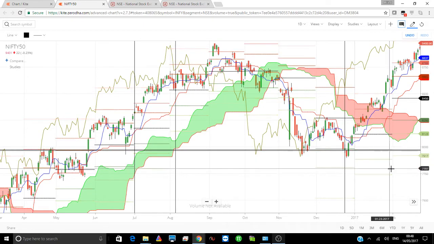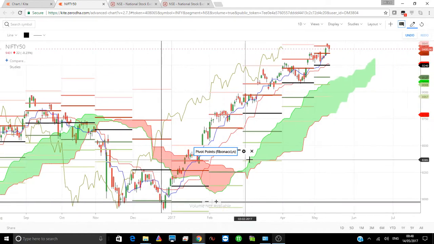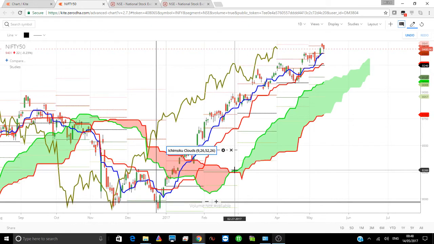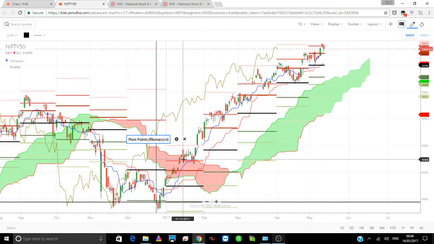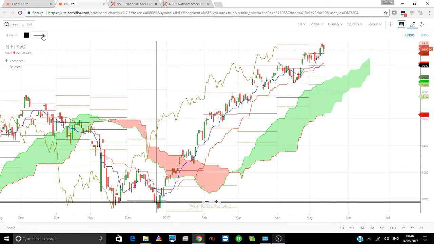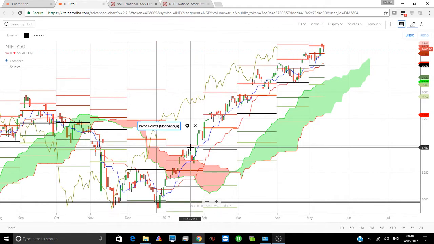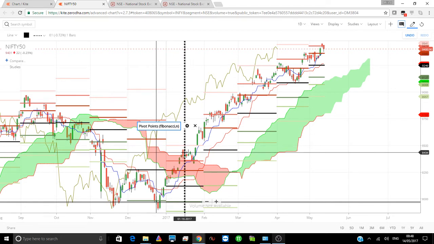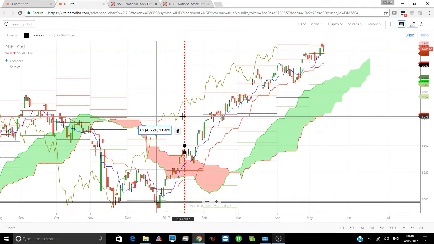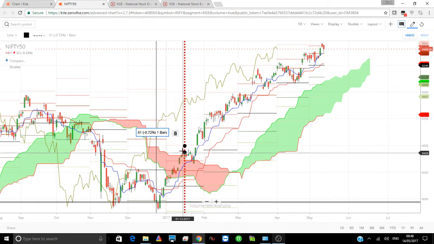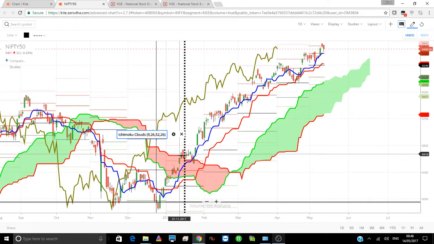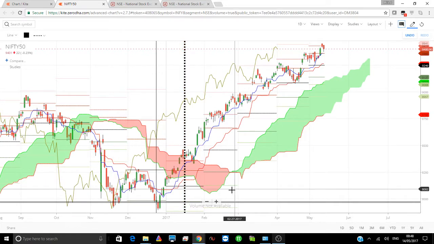Now from here, when it started going up and the cloud started showing little green and the break of the cloud, let me just put it in a different color. This is where somewhere the reason why I am not selecting the red candle is usually when the candle is red, you wouldn't buy in.